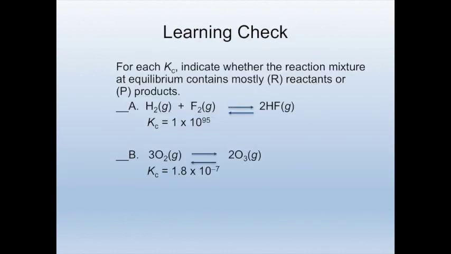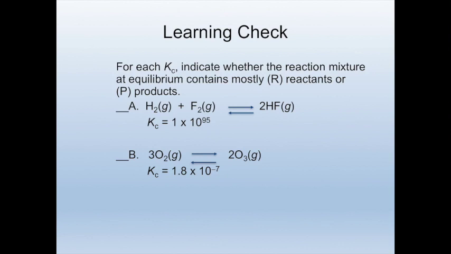Here is a quick learning check to see if you've internalized that information. Indicate whether the reaction mixture at equilibrium contains mostly reactants or mostly products. Reaction A is the reaction of hydrogen plus fluorine gas to produce hydrogen fluoride gas. It has an equilibrium constant of 1 times 10 to the 95th power.